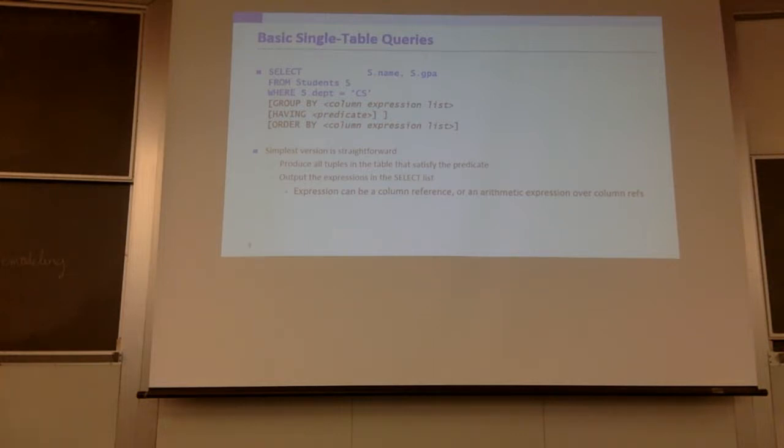For each tuple, you read the column department, then compare that with the string CS. If it's a match, then you extract the name and GPA columns of this tuple and output that to, say, a screen, a network, or a file. That's the basic flow of the simplest possible SQL query.